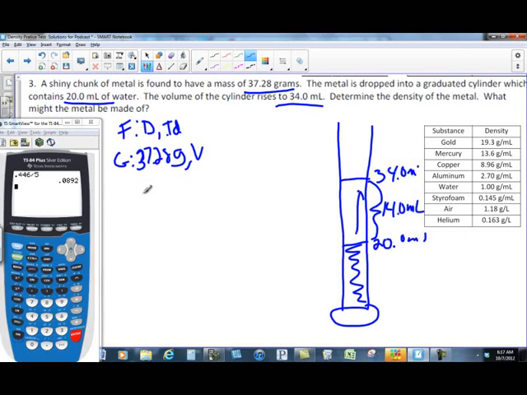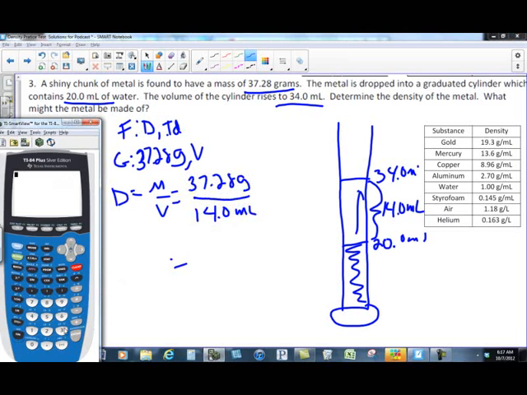Okay, so I can use the formula for density equals mass over volume. In this case, it's going to be 37.28 grams over my volume, which is 14.0 milliliters. And when I do that, 37.28 divided by 14 gives me this number.